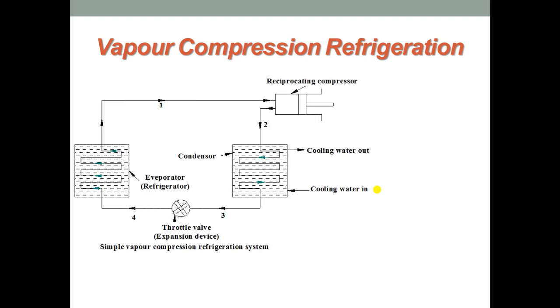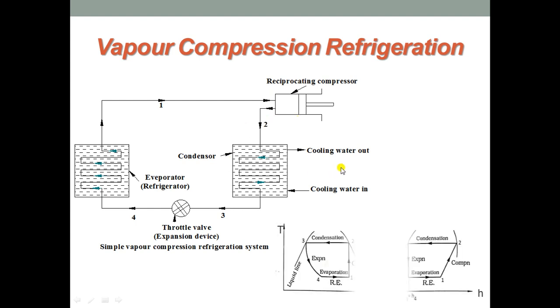The figure shows the refrigeration circuit with the basic components like evaporator, condenser, expansion valve and a reciprocating compressor in its simplest form. And the corresponding TS and pH diagrams are shown here.